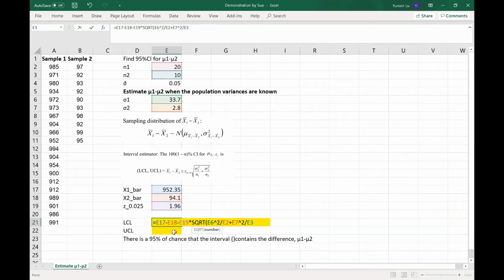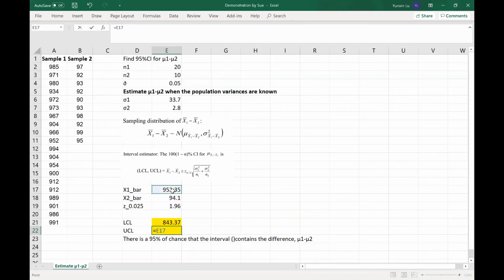And we can see that this is the difference between the two sample means minus this one. We get the result here, and we need to pay attention that for the upper limit we need to change the minus to add.